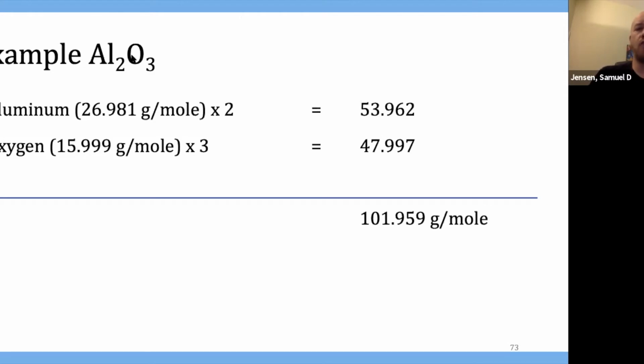Because you have to know how many aluminums are present in the molecule and how many oxygens are present in the molecule. So 2 times our 26 and 3 times 16 gives us the weights of the individual elements, and then adding them together, the total molecular weight for aluminum oxide is 101.9.